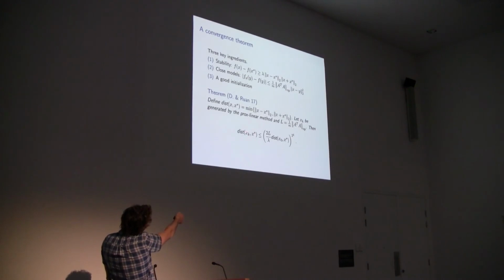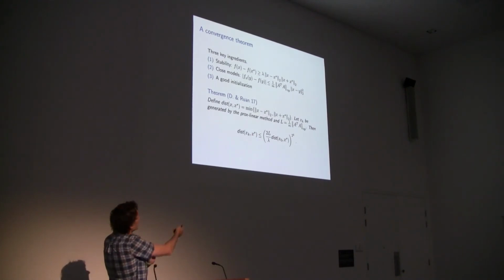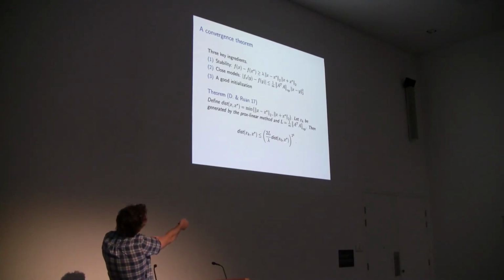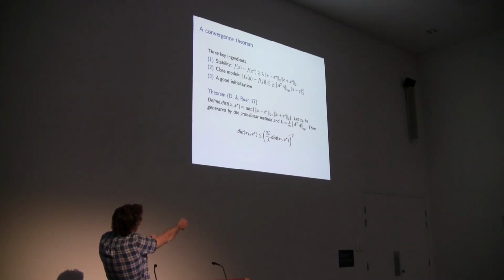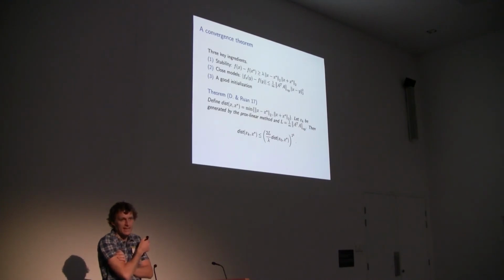The distance between your kth iterate and the true signal, because of course we can't tell what sign the true signal has, so we can only give it up to signs, is going to be less than or equal to the distance from your initialization point to the true signal to the 2 to the k. Okay, so that's not 2k, that's to the 2 to the k.